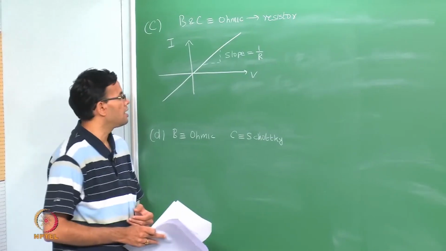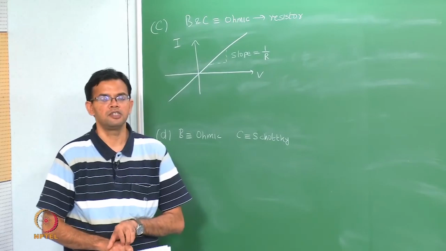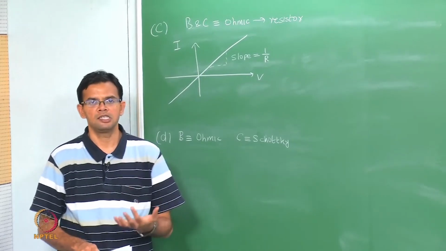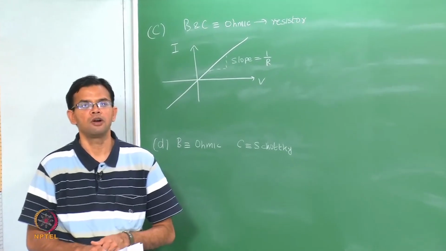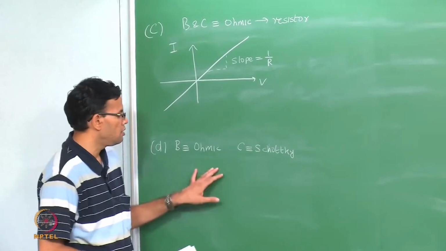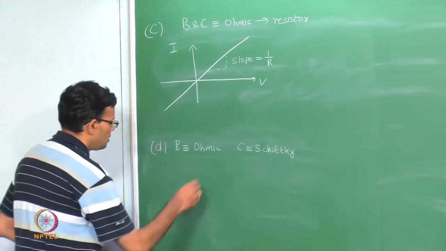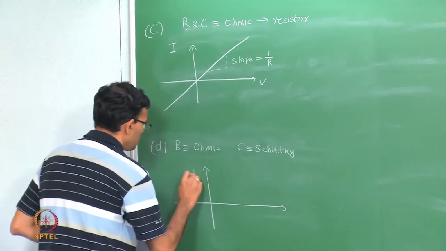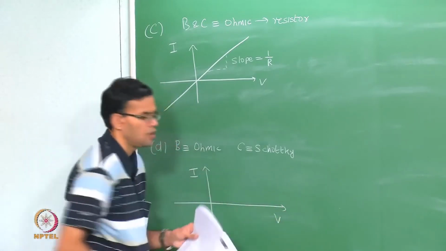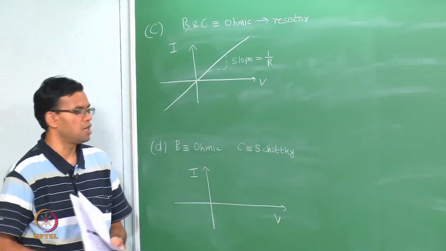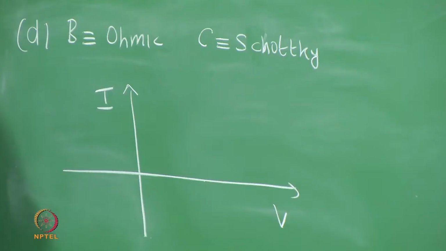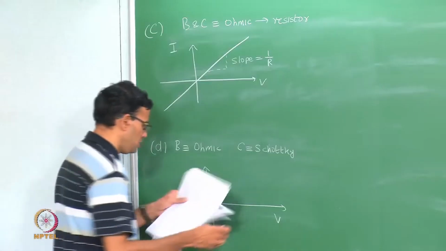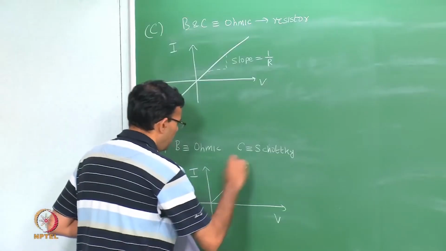In this particular case, the resistance will be determined by the highest resistance point, which is your ohmic contact. So, in the case of forward bias, if you were to draw I versus V, you have a highly conducting junction, which is junction C, and you have a resistor, which is junction B. So, this will essentially behave like a resistor.